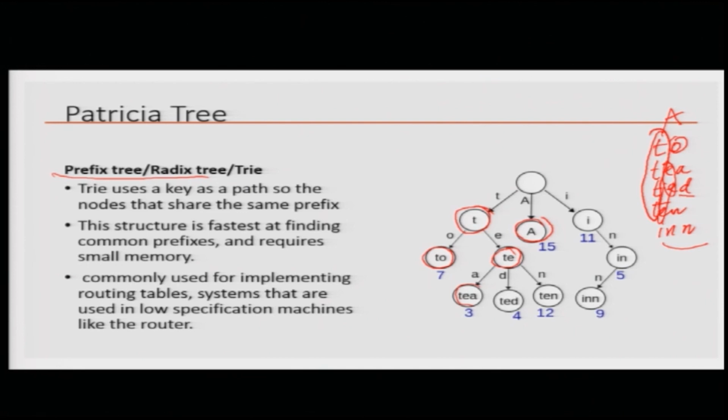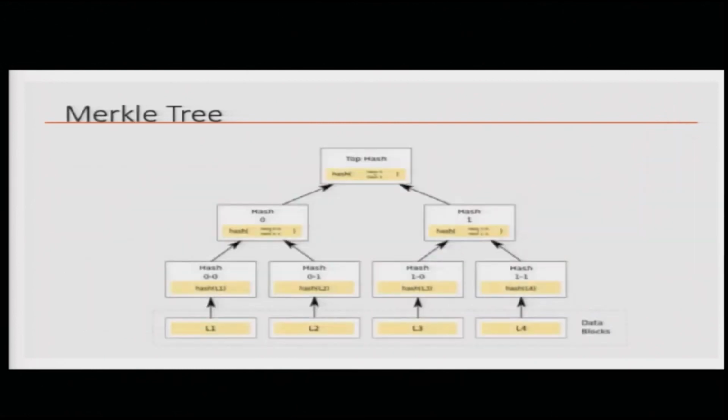This trie data structure is used for implementing, for example, routing tables in routers and so on. So this is not something new that is being invented here, but they decided that this is how they are going to store the account information.